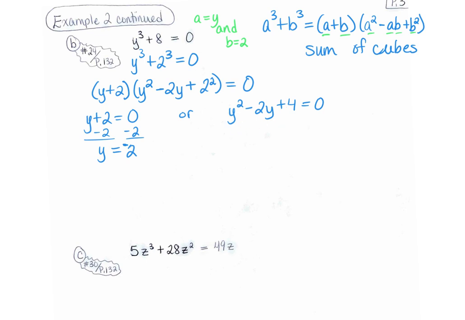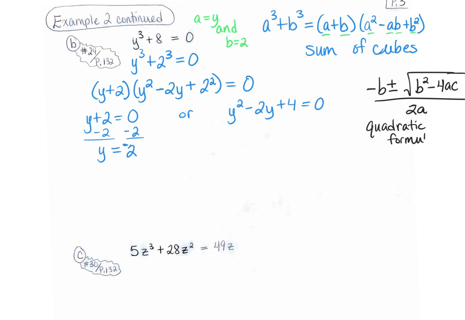So remember, because you love it so much, it's negative b plus or minus the square root of b squared minus 4ac all over 2a, yes? That is our quadratic formula, just to remind us. Okay? So now what we need to do is apply that to this part.